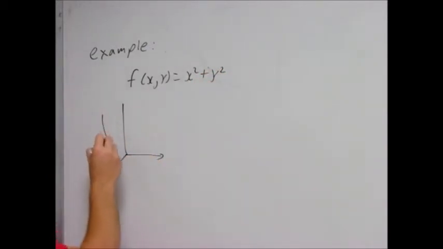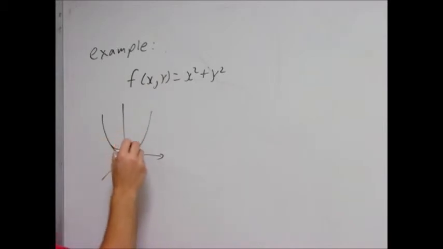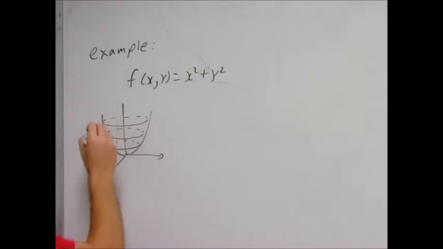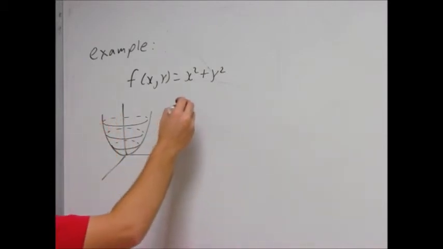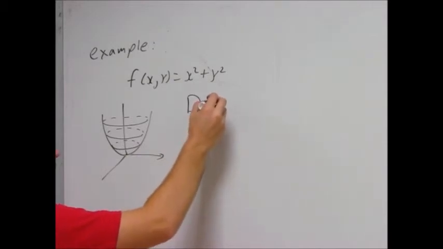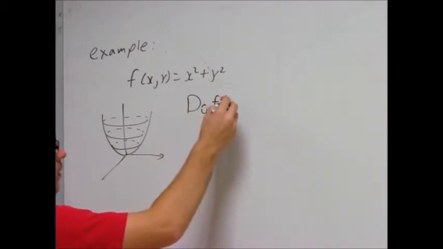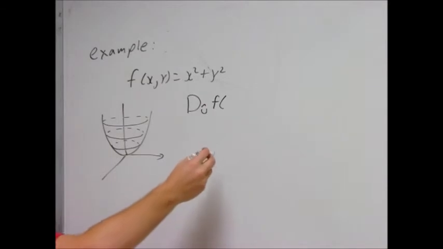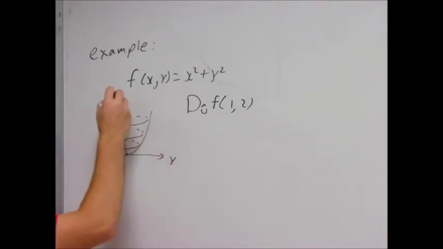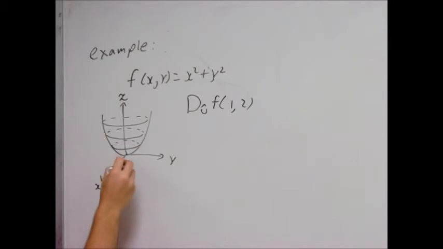It looks something like this. And say I want to find the directional derivative in the direction of u at the point, say, (1, 2). So the point (1, 2) is right here.